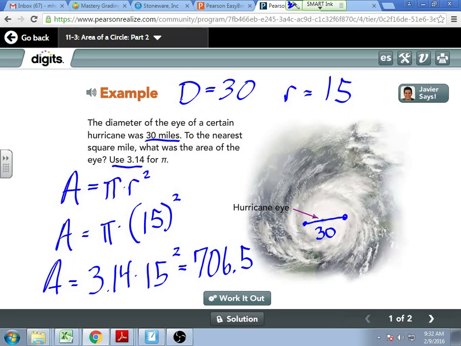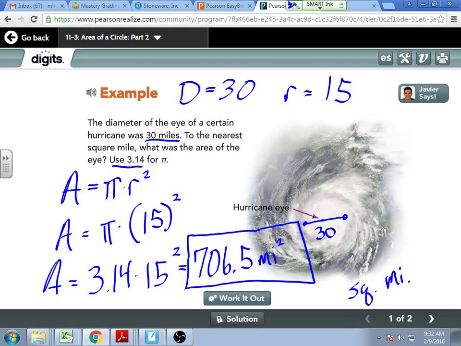Your pi button is as exact as possible. Now, we still need a label for this. What would my label for area be? Miles squared. So we can either do miles squared, or you can do SQ period, MI period for square miles. So either do miles squared or do square miles.